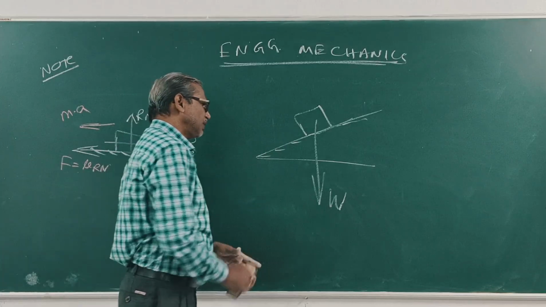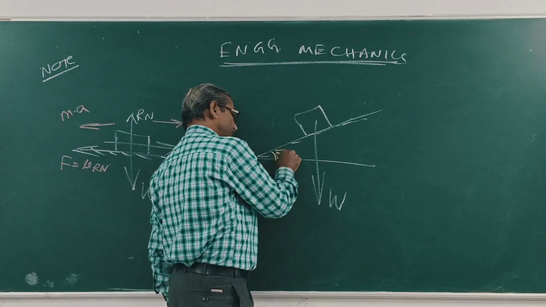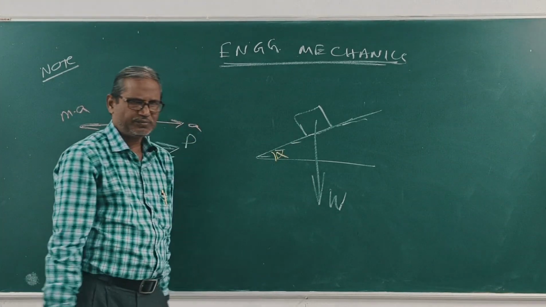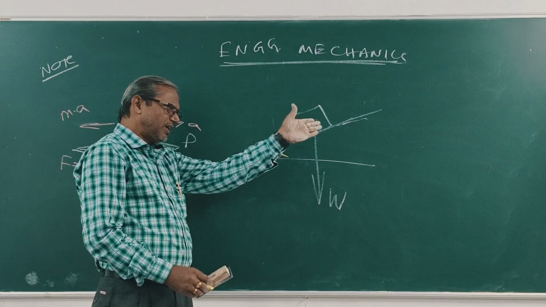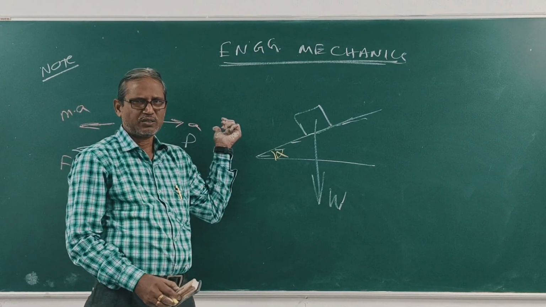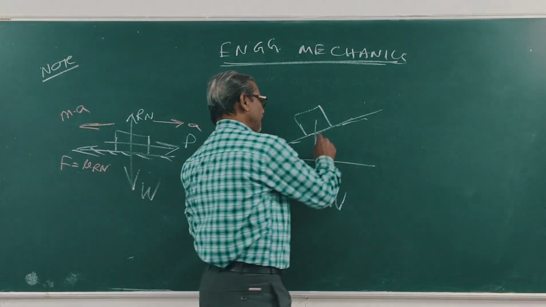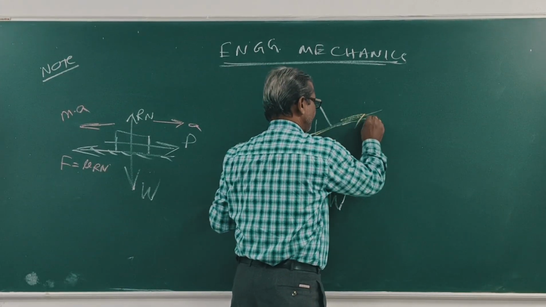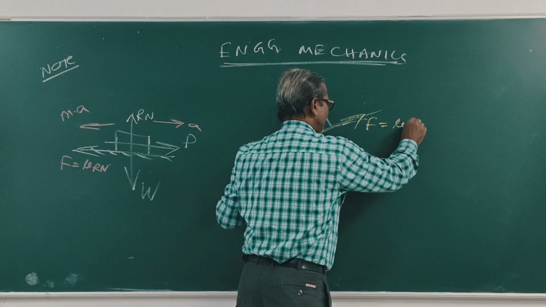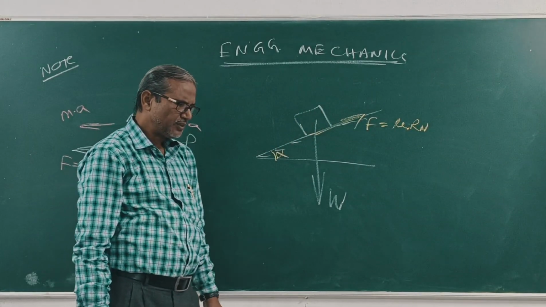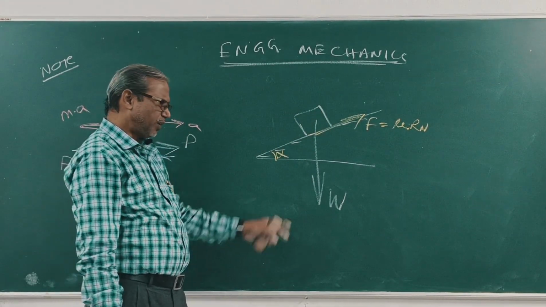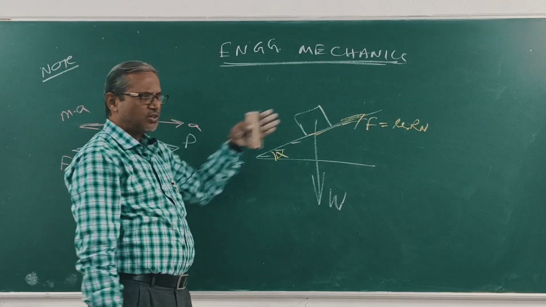This is angle alpha, right? So in this case, the body tends to move downwards, so friction is acting upwards. F. What is F equal to? Mu Rn. Right? The body tends to slide downwards, so friction is acting upwards.